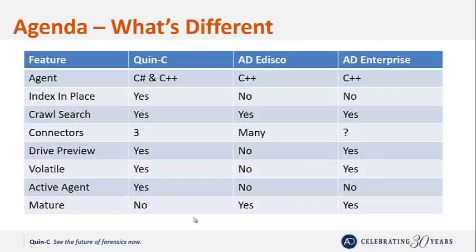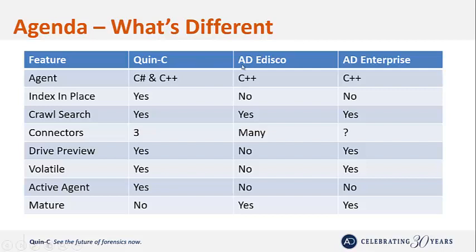All right, let me spend a few minutes here talking about what the difference between Quincy and the other solutions are relative to acquisition and enterprise investigations. Now, before I go through this table, the table is designed to highlight, I think, fundamental differences between the products, differences that I would expect to be maintained longer term.